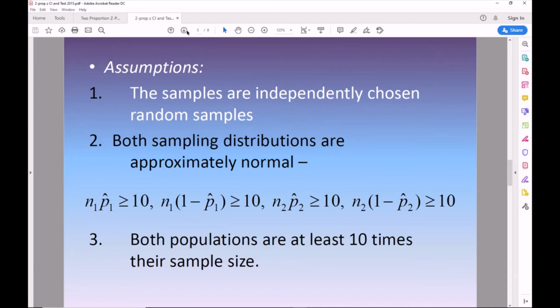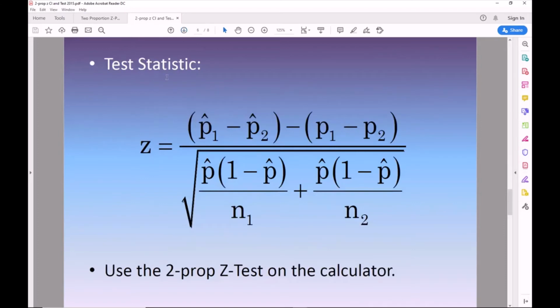All right, if you thought that all of what you had to do for two proportion intervals was bad for the formulas, check out this one. All right, this one is just all over the top. You have, it's based on a difference, and by the way, this is assumed to be 0.